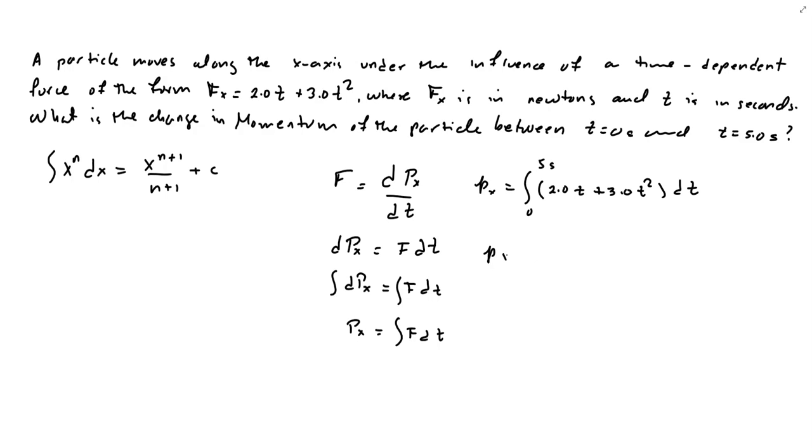So we're going to integrate that. So we can say that p sub x would be the integral of 2.0 t, which in this case is t squared, okay, because it's going to be t to the 1 plus 1 over 1 plus 1, so it will be 2 times t to the second over 2, so it will be t to the second, plus, and then the integral here will be t to the third, because 3.0 times t to the power of 2 plus 1 over 2 plus 1 would be just t to the 2 plus 1, that is t to the third.